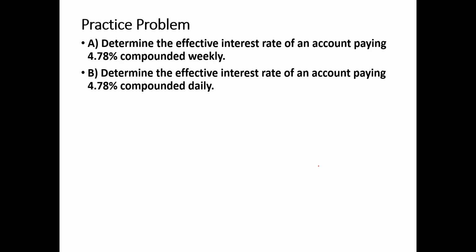And more practice. Determine the effective interest rate on an account paying 4.78% compounded weekly. So for this one, R is 4.78%, and the number of compounding periods is 52 weeks in a given year. So we solve for the APR.